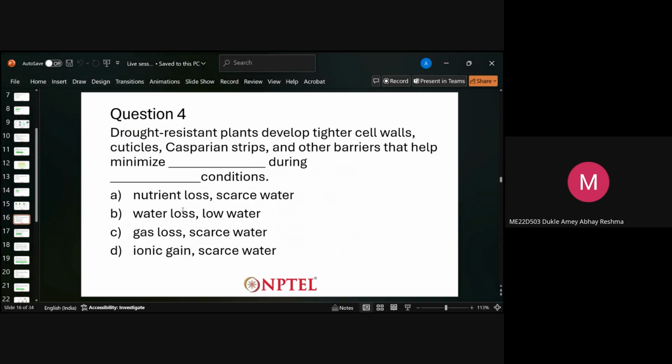Any guesses? Okay, this is a very simple question. We all know the answer. It is water loss during low water conditions.